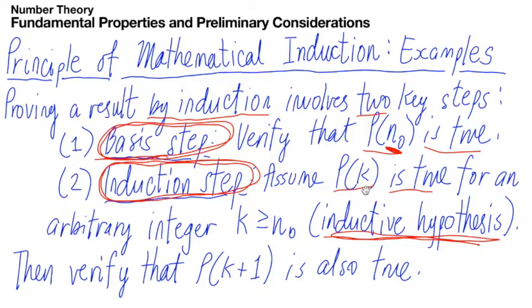When p of k is true, we need to verify that p of k plus 1, where we add 1 to that k, is also true. Since k is arbitrary, it will also be true for all natural numbers, because if k is arbitrary, k plus 1 will be the consecutive number after that, and imagine adding 1 continually to that number.